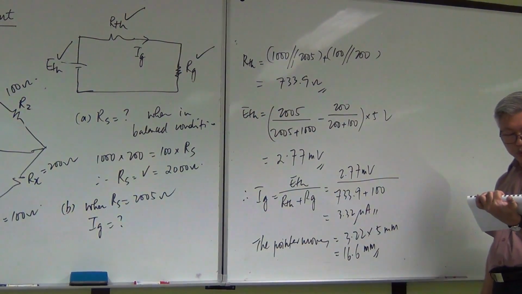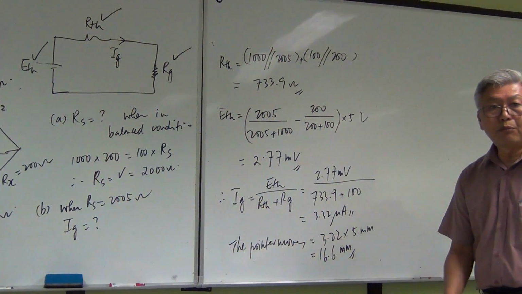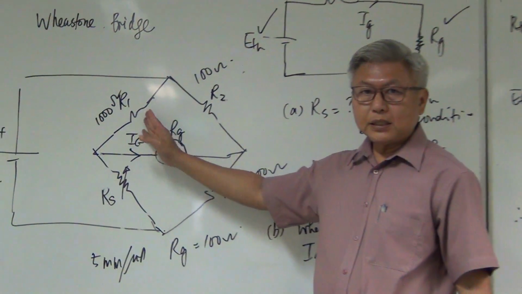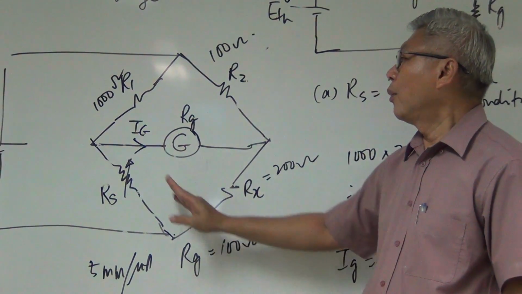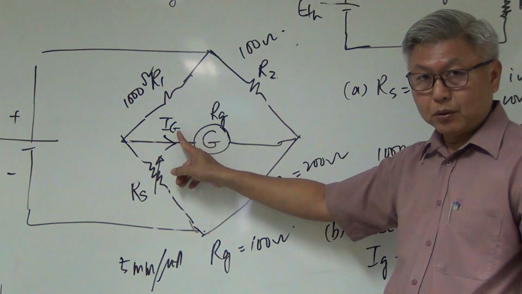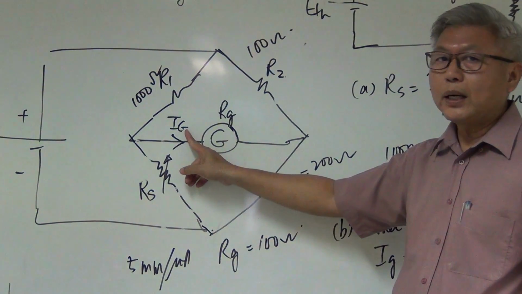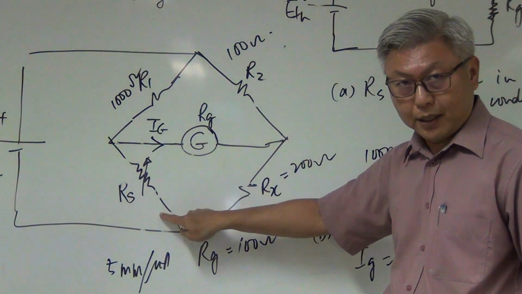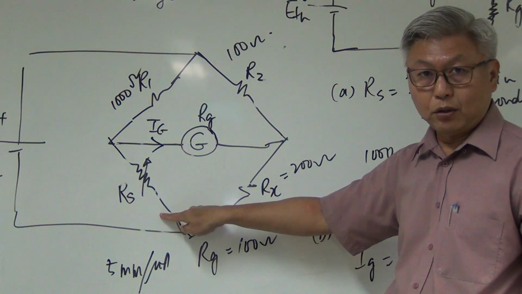So that is the example in your notes. Do you think you understand the Wheatstone bridge? Let's come back. A Wheatstone bridge consists of 4 arms. When it is balanced, no current flows, and the method is this multiplied by this equals this multiplied by that, for you to find any unknown.